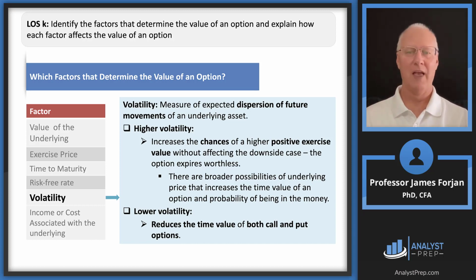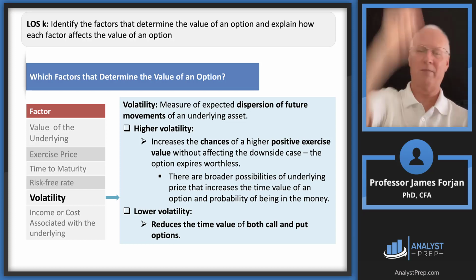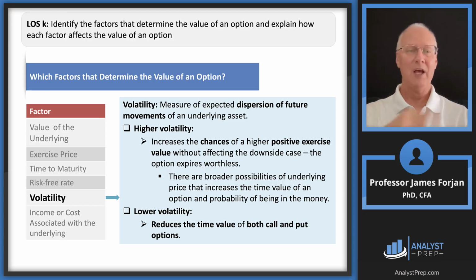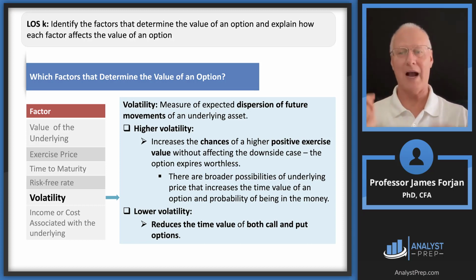It doesn't do much. Well, you're not going to pay me very much for that option. On the other hand, how much would you be willing to pay me for an option on a share of stock that goes like this, way up and way down and way up and way down? With this little squiggly line, you don't ever have a chance for the option to be deep in the money, right? But here you have a chance. So remember, higher volatility increases the value of the option.